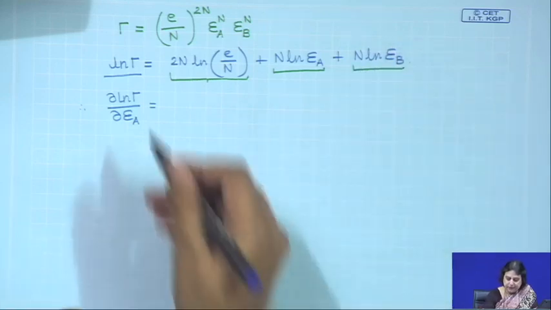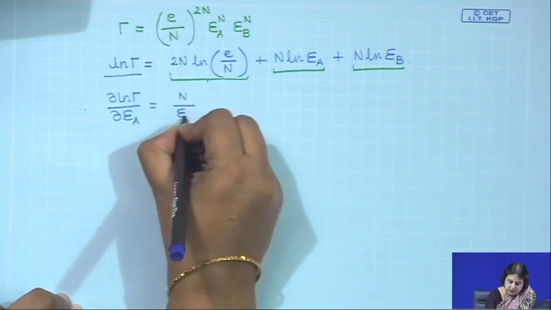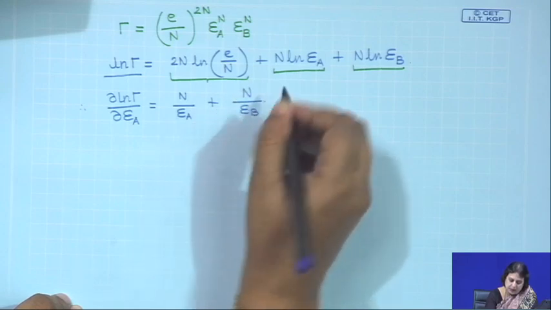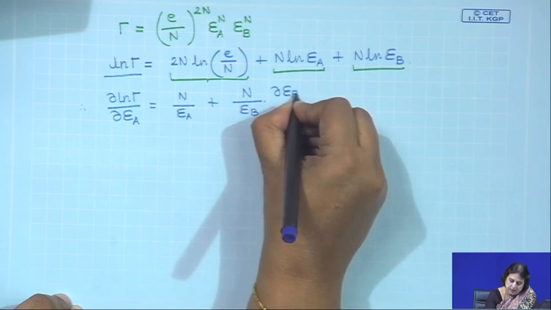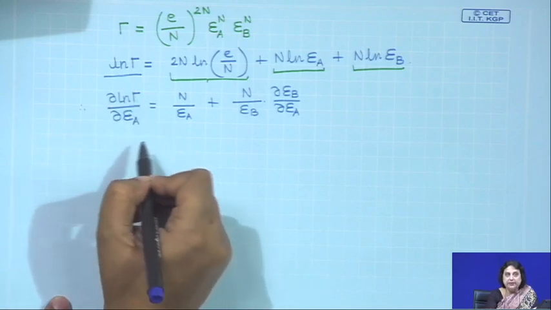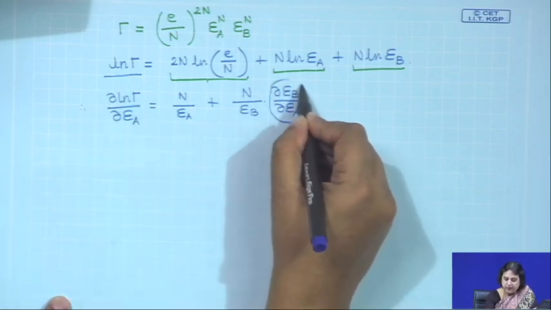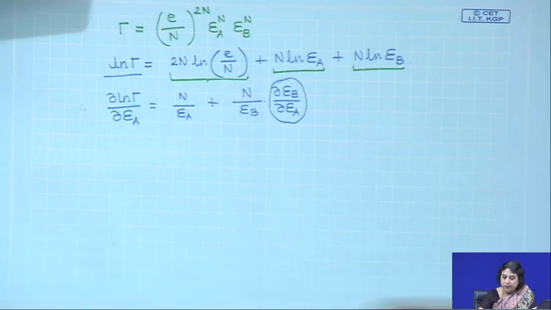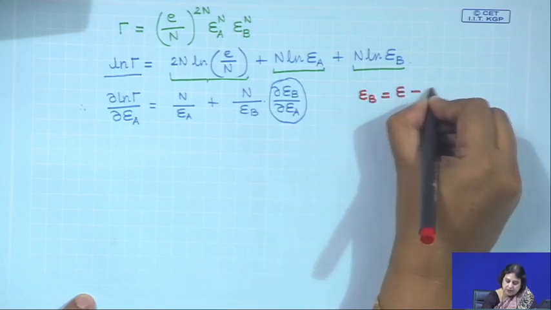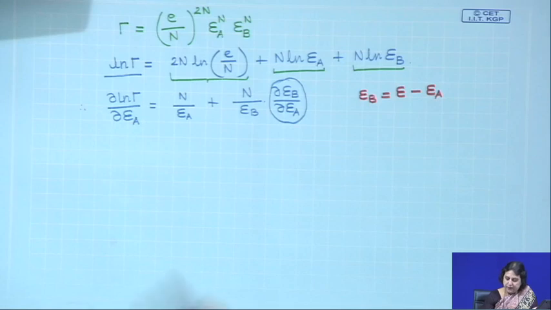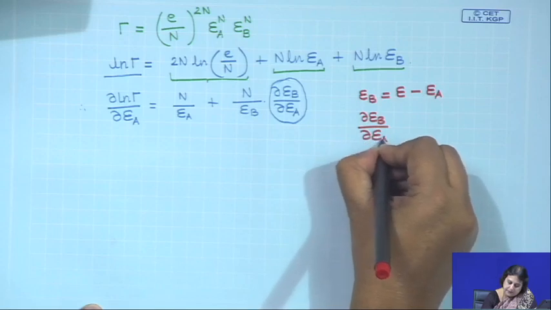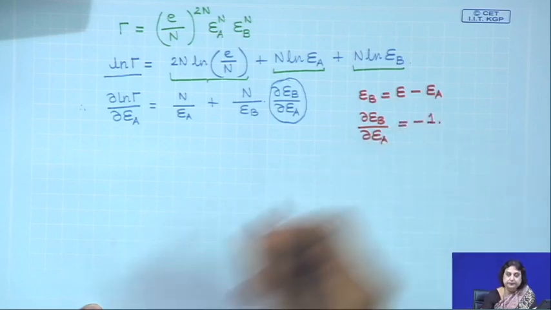Now, the first term will give me capital N by epsilon A and the second term will give me capital N by epsilon B into del epsilon B del epsilon A. So, in order to understand what this derivative is, I must know the value of this, but we already know that epsilon B is the total energy epsilon minus epsilon A. Therefore, I must be having del epsilon B del epsilon A equal to minus 1.